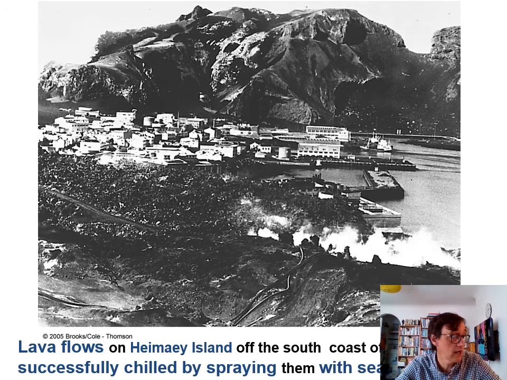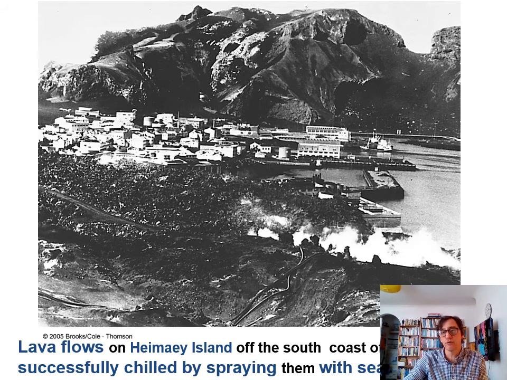Here is the example where water chilling did work. Very few examples. One of the very few where it did work was in Iceland, a volcanic island in the North Atlantic. Off Iceland, on a small island, Heimaey, there were lava flows from an eruption back in 1973. They were threatening this fishing port, so all the livelihoods were at risk from the harbour being basically consumed by lava. So what they did is they got hoses of water directly from the ocean and started spraying it.